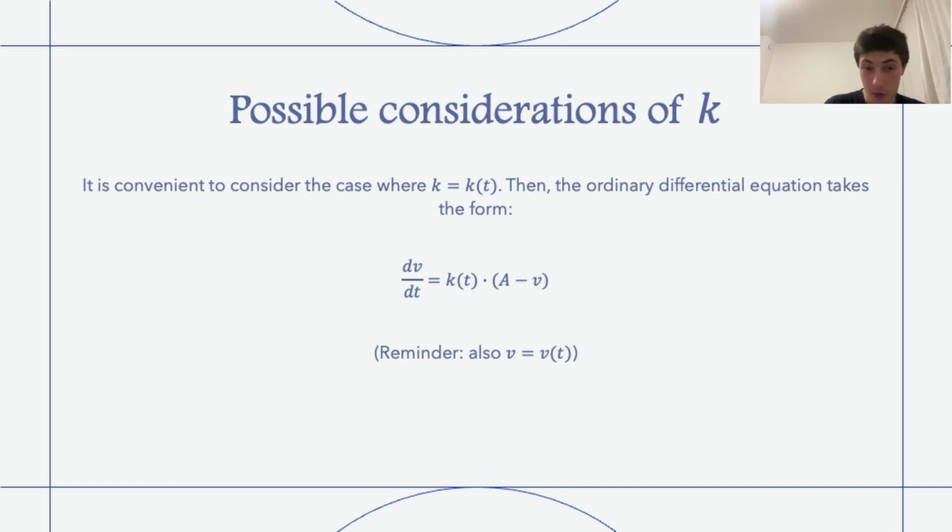But still, we want to solve this differential equation, which looks the same as the one that we started with, which technically is the same, just that now k depends on time. Because of this, the computation is much harder, because now k becomes a function and it's not a constant anymore.